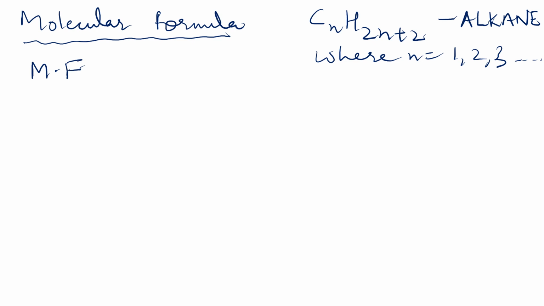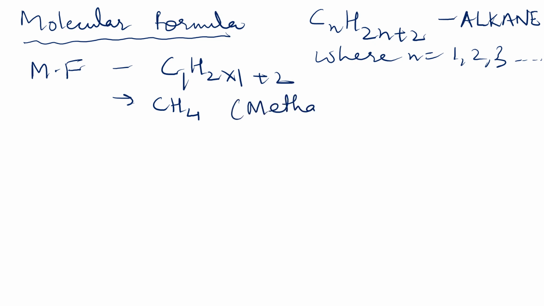We write it this way, C1H2 into 1 plus 2. So it becomes CH4. This is the molecular formula of methane, because it contains 1 carbon atom, and 1 carbon atom means meth. And it is an alkane, so the suffix is ane.